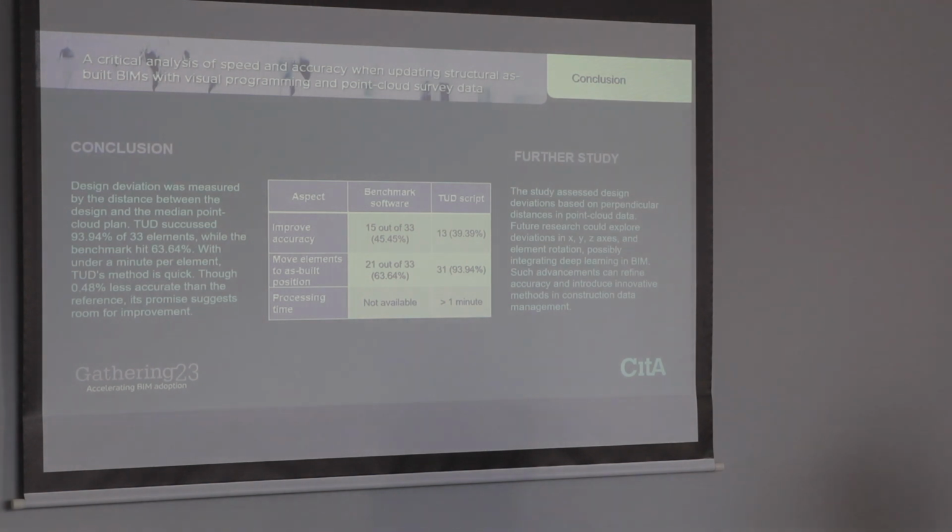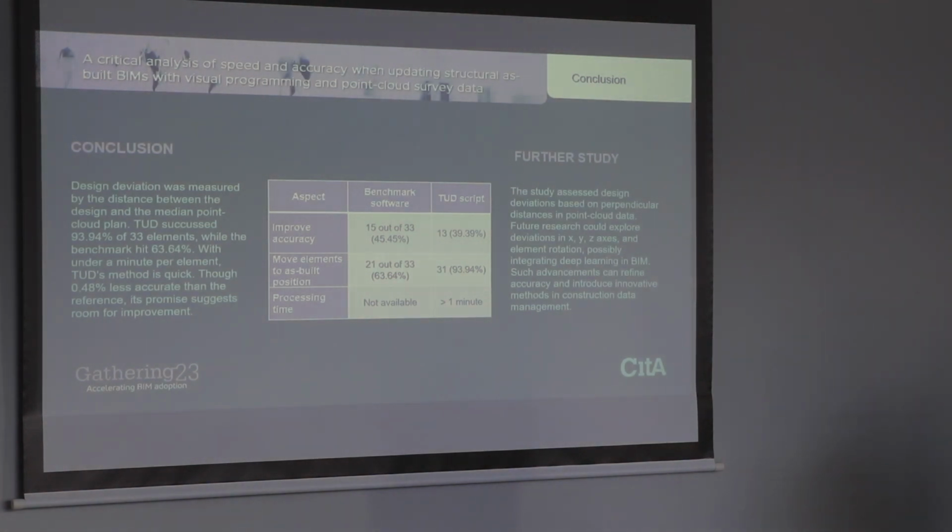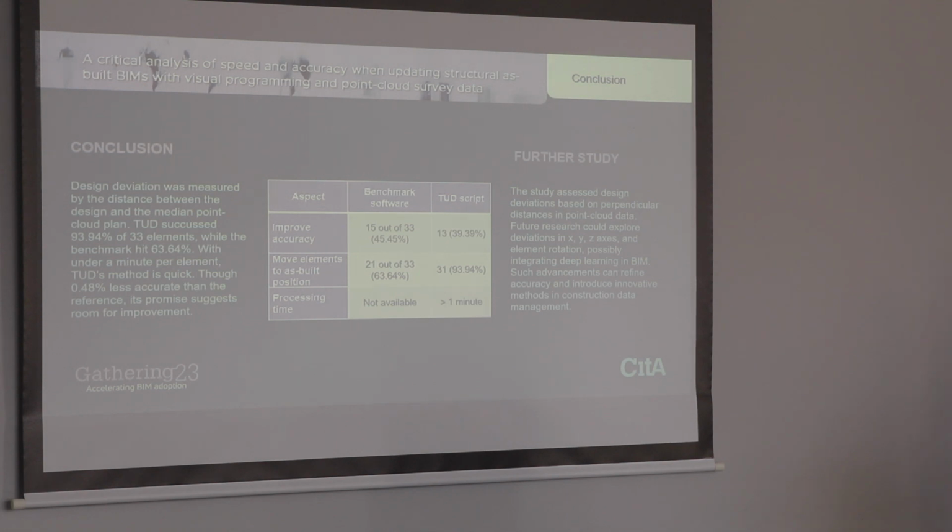I believe in a future study, I could use X, Y, Z, and rotation, in conjunction with, what's it called? Artificial intelligence, and then get better numbers out of that.